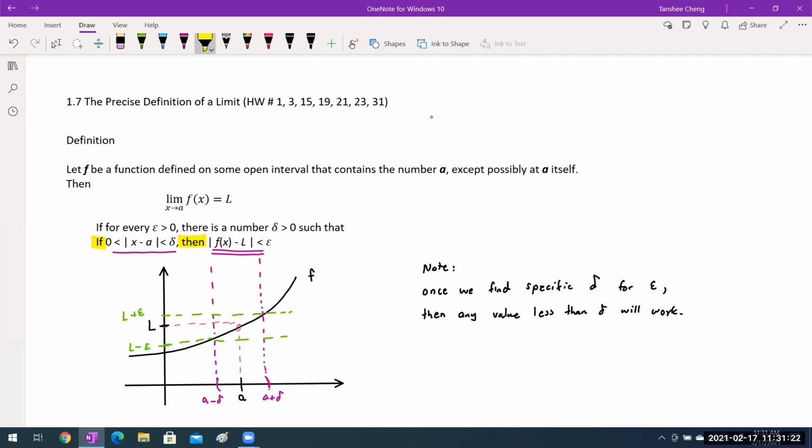Those you can study by yourself later on, in lower division or undergrad courses, if you're going to be a math major. If you are not a math major, then knowing the linear proof and using the precise definition to prove directly, if you get an idea, that's good. So let's take a look at our next example.